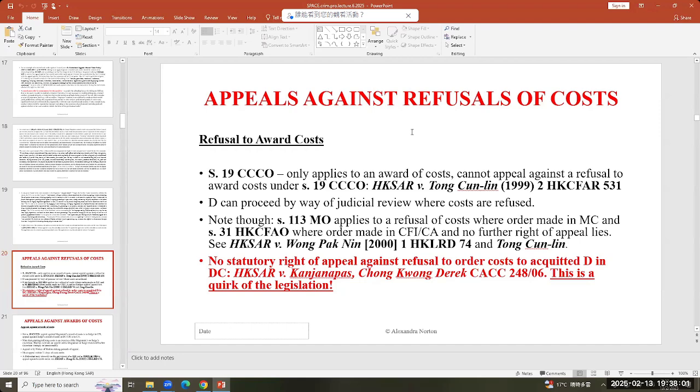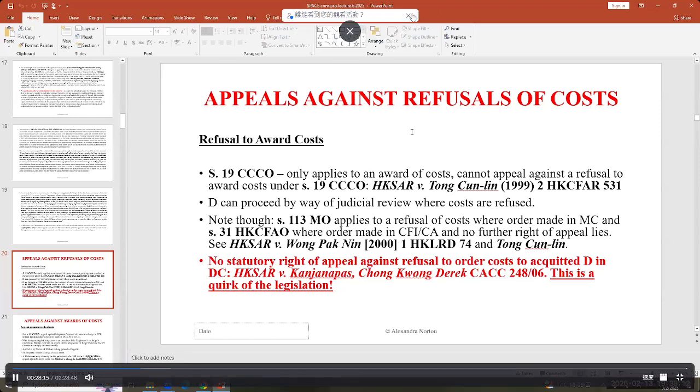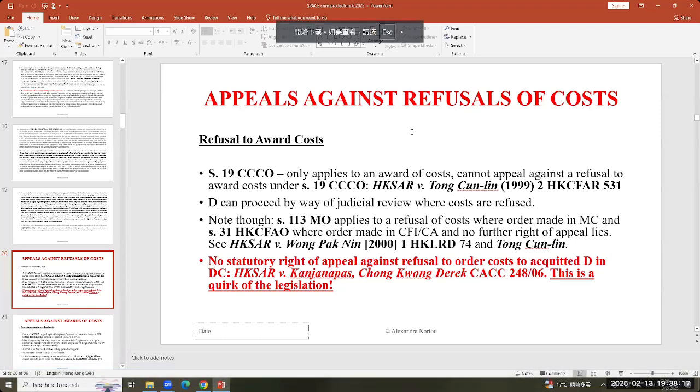However, this is a quirk of the legislation. If the defendant is acquitted in the district court and costs are refused, he cannot appeal that refusal to give him costs. Why? Because there is no provision in the district court ordinance that allows him to appeal against the cost refusal. His only option is judicial review, and there's a high threshold to be successful on judicial review.